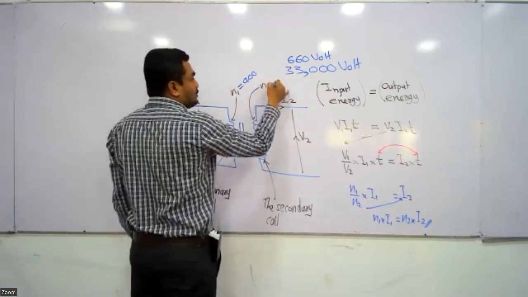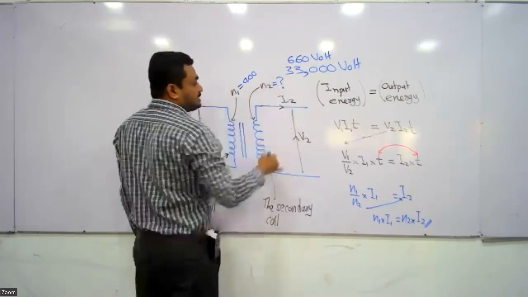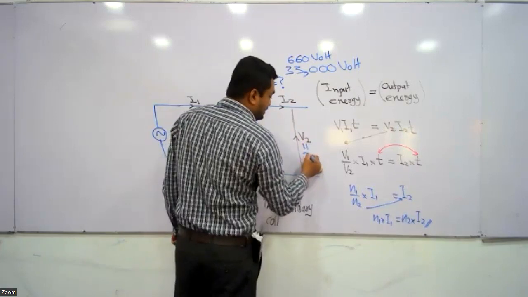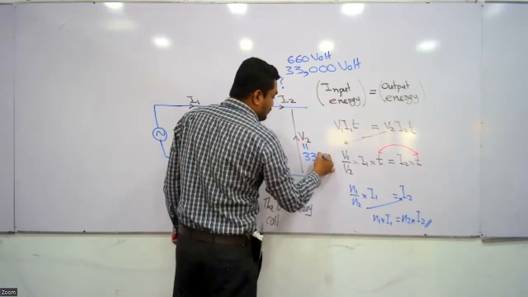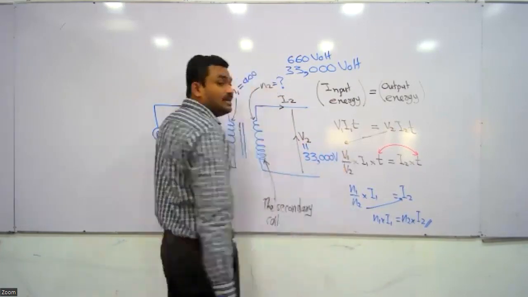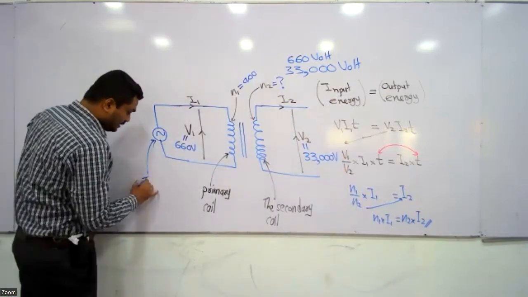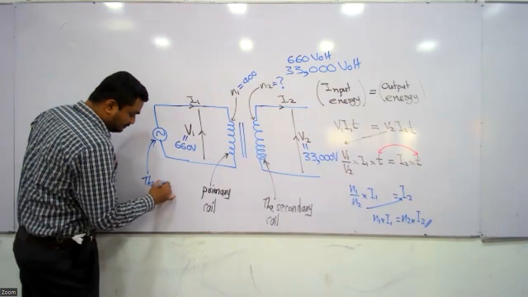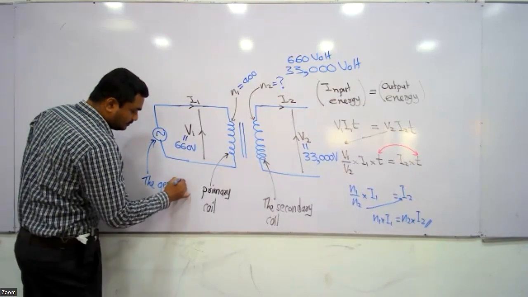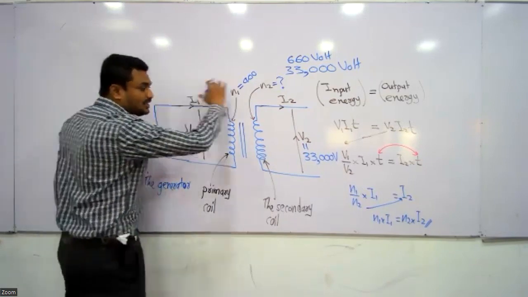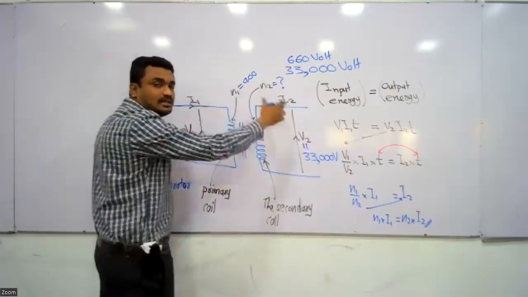The question asks us to find how many turns should be there in the secondary coil. The secondary coil voltage is given as 33,000 volt. So these are the given data. This is the generator. Draw the figure and mark the given data.